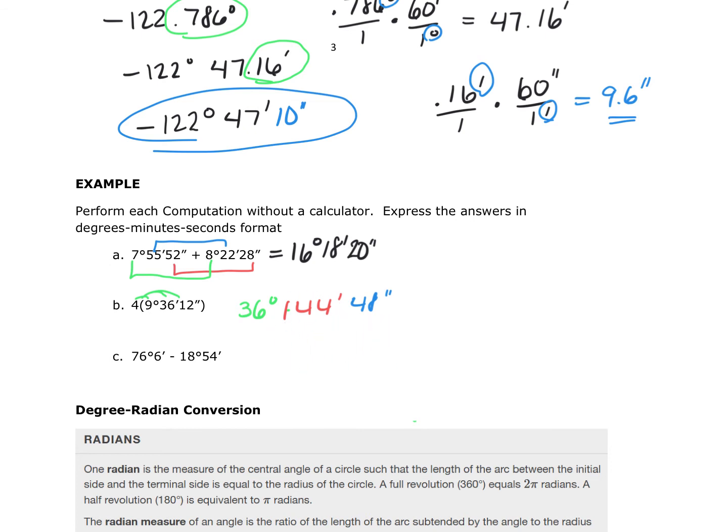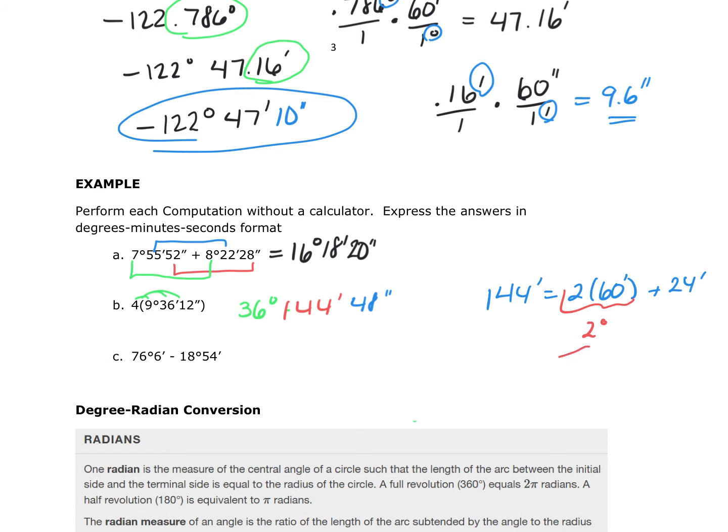However, we know 144 minutes is the same thing as 2 times 60 minutes plus 24 minutes. So we know that this is 2 degrees.